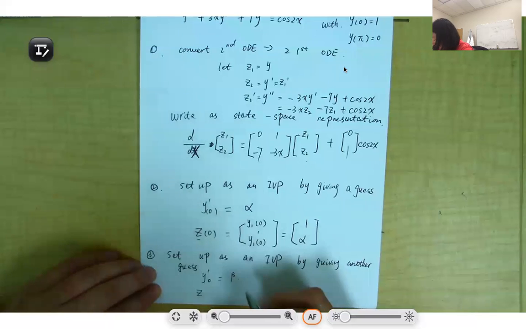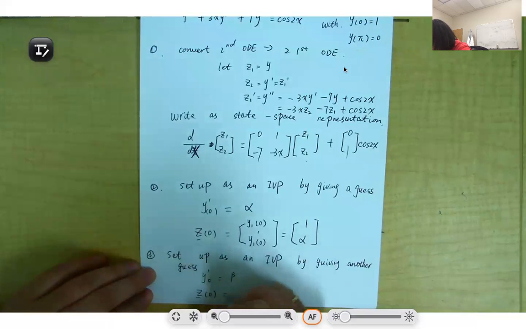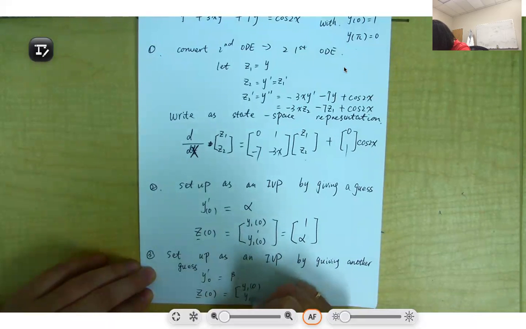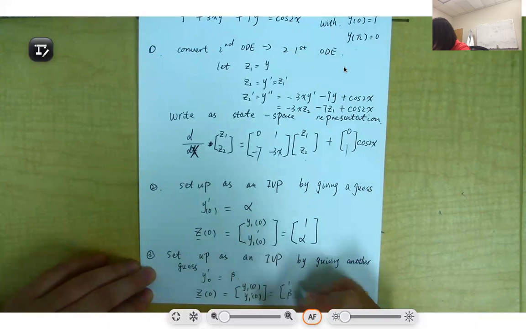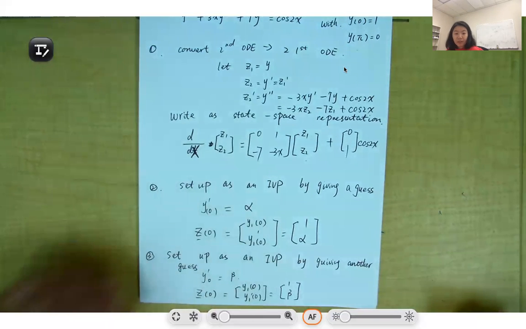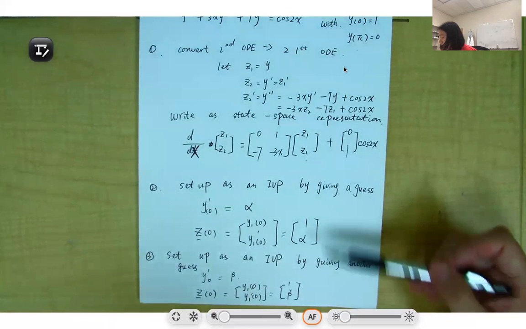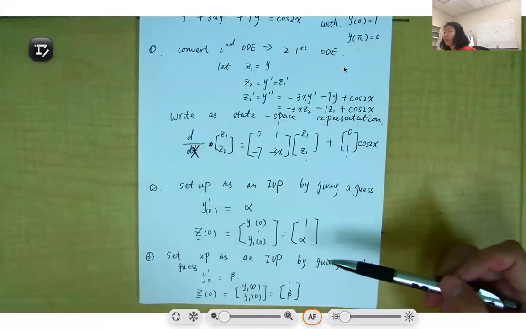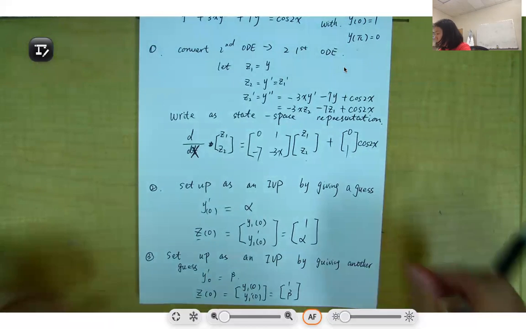Then you have the initial conditions 1, beta. So you give these two initial guesses and you try to do the error analysis to figure out what can be our next guess.